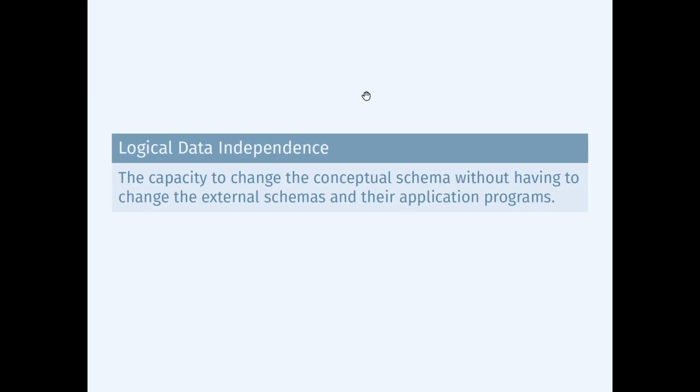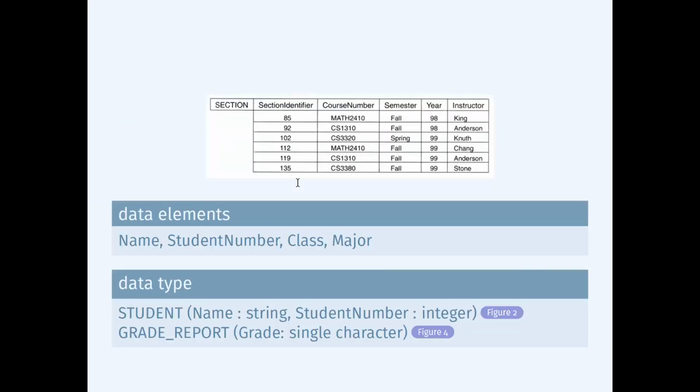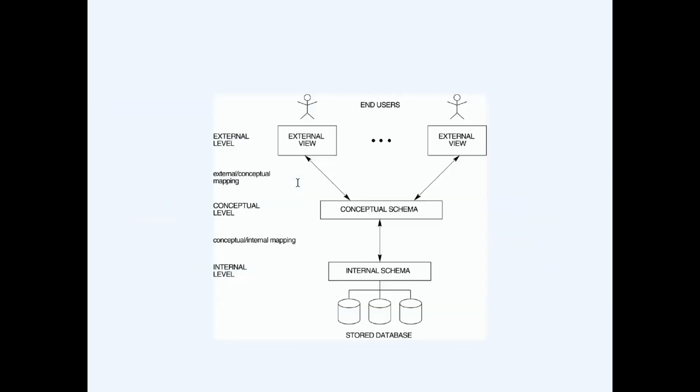So if you remember what we discussed here, we have different levels of this, right? So when we say you can change the conceptual schema without changing the external schemas, we call it logical data independence.